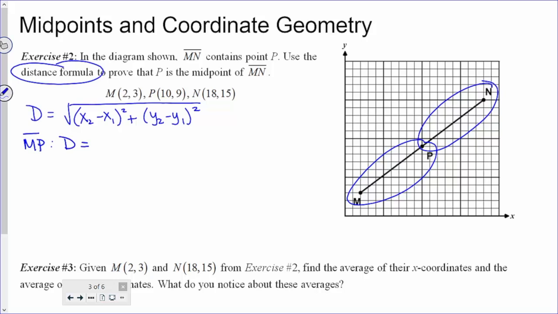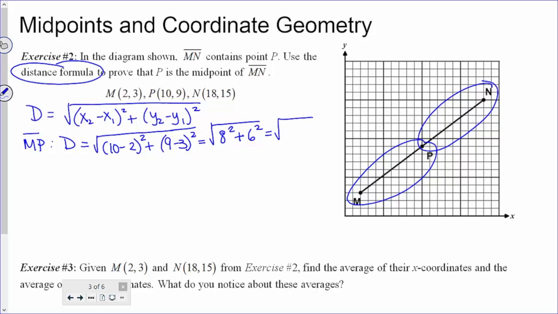Its length, or the distance between M and P, will be given by 10 minus 2, that's the change in x, squared, plus 9 minus 3, that's the change in y, squared. Alright, 10 minus 2 is 8, squared. 9 minus 3 is 6, squared.